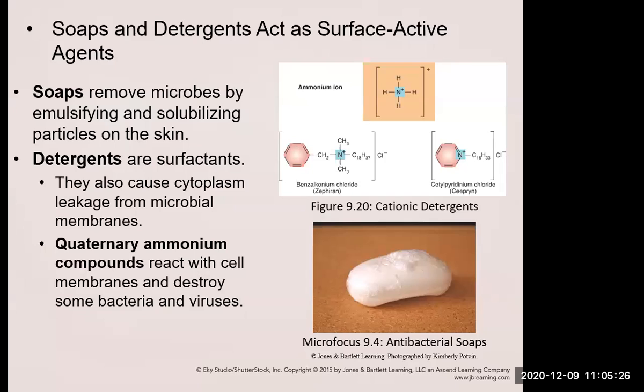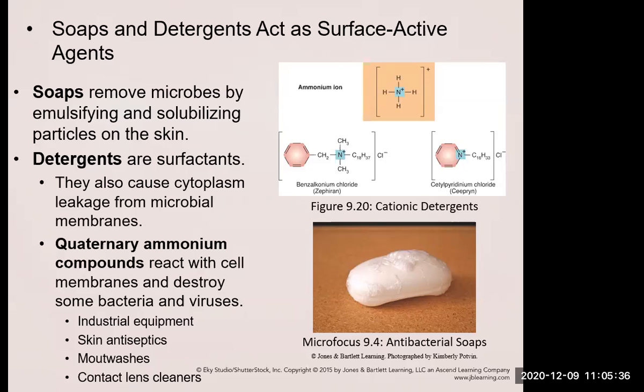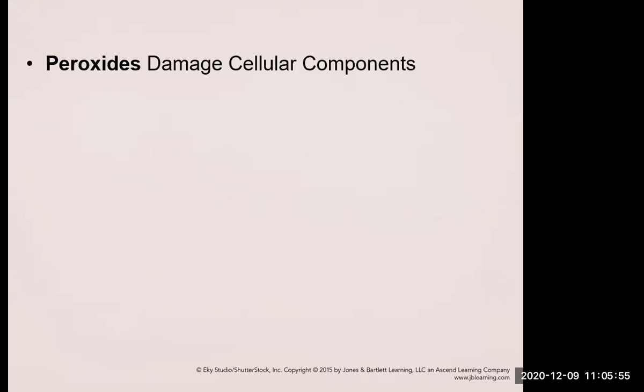I don't need you to know specifics about the ammonium part. So we can use these to clean industrial equipment, as skin antiseptics, mouthwashes, or in contact lens cleaners. So I recommend, look at your active ingredients in all your household products. Your contact lens cleaners, your mouthwashes, your soaps. Review all this stuff and make use of your education. It's really valuable.